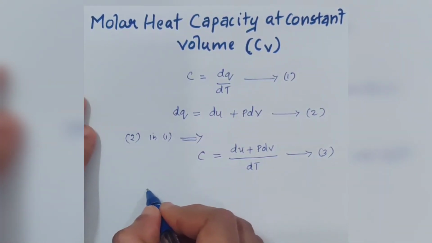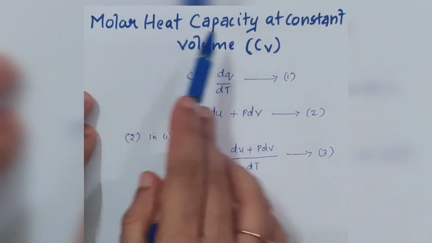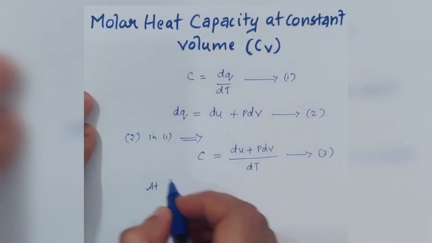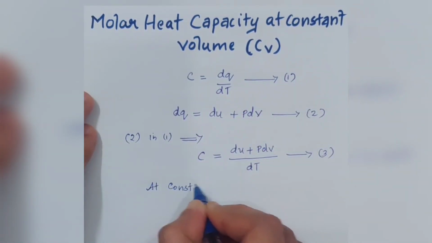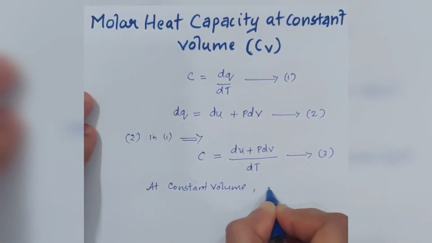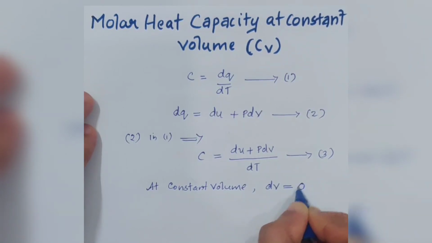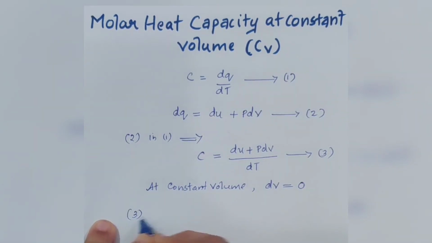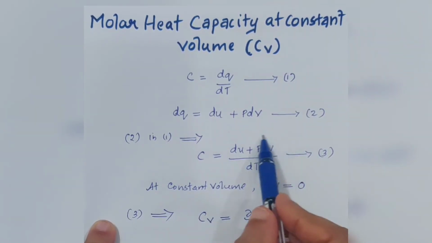And then, here we are considering heat capacity at constant volume, so this condition applies. At constant volume, dV is equal to 0. Then equation 3 becomes Cv is equal to dou U by dou T at constant volume, since this term becomes 0.